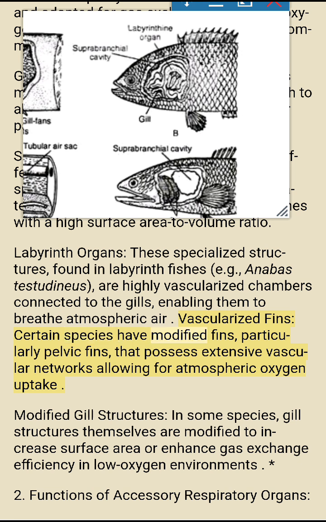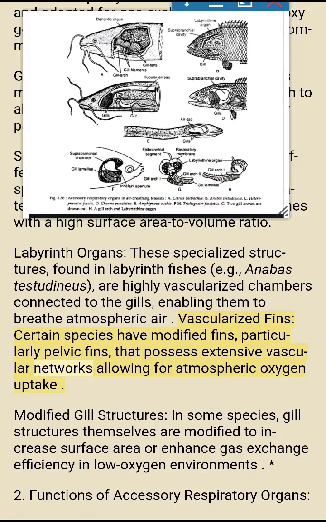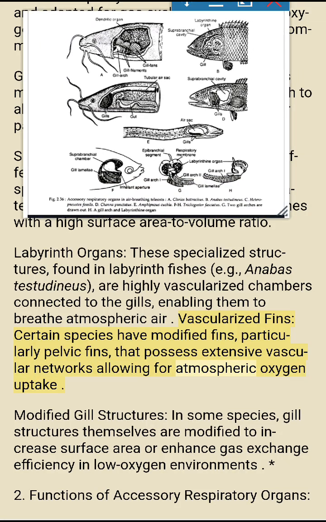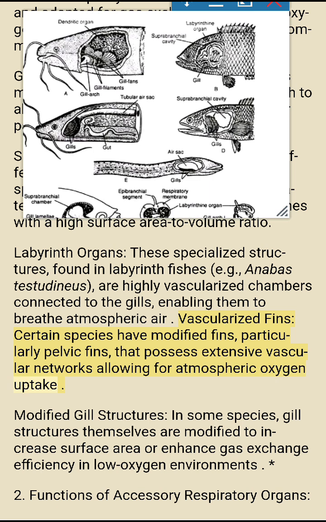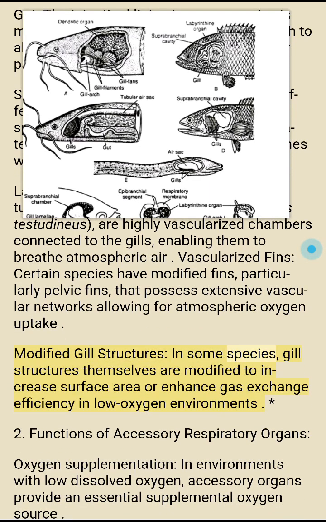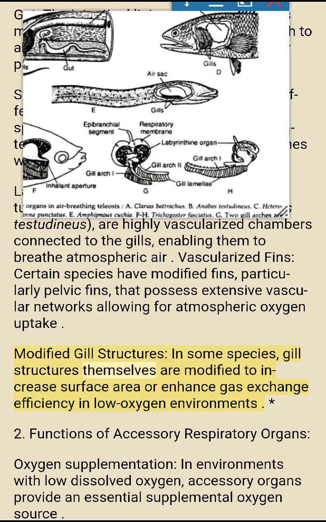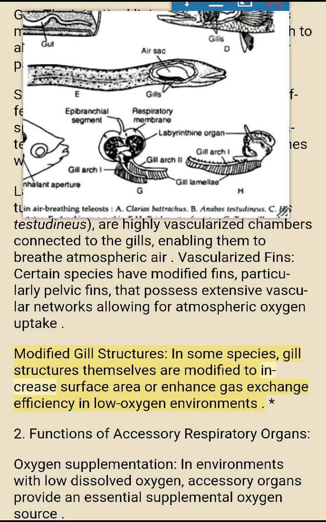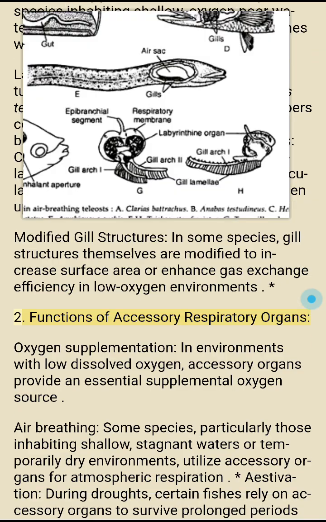Certain species have modified fins, particularly pelvic fins, that possess extensive vascular networks allowing for atmospheric oxygen uptake. Modified gill structures. In some species, gill structures themselves are modified to increase surface area or enhance gas exchange efficiency in low oxygen environments.